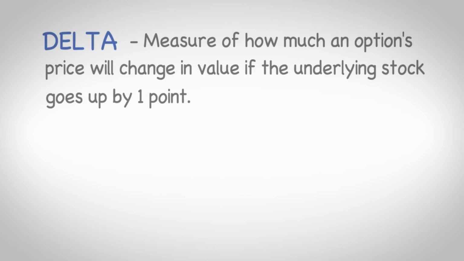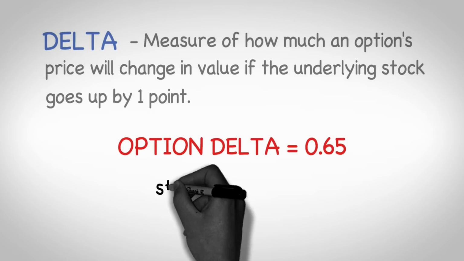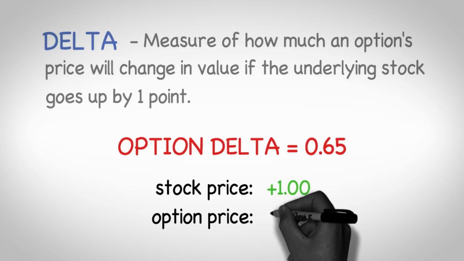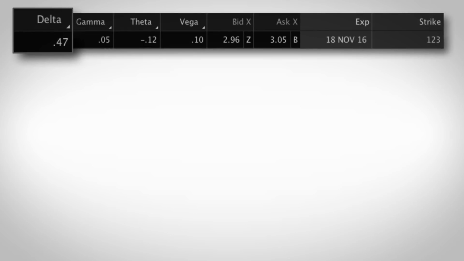Delta is a measure of how much an option's price will change in value if the underlying stock price goes up by 1 point. So if an option has a delta of 65 cents, then that would mean if the stock goes up by 1 point, then the option contract will go up by 65 cents. The delta is 47 cents.